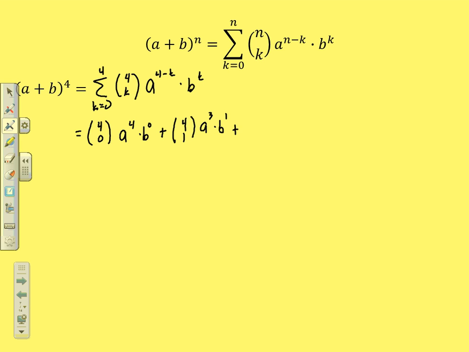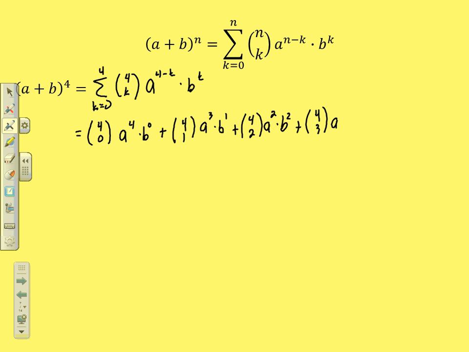So the next one will be 4 choose 2 times a to the second power times b to the second power.